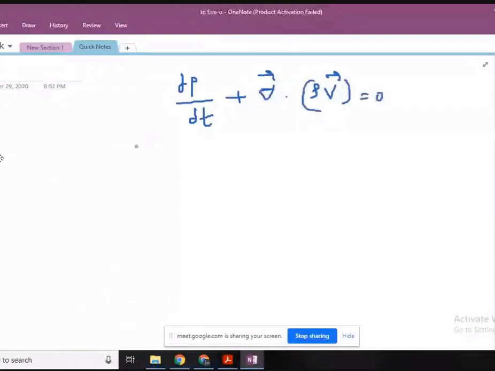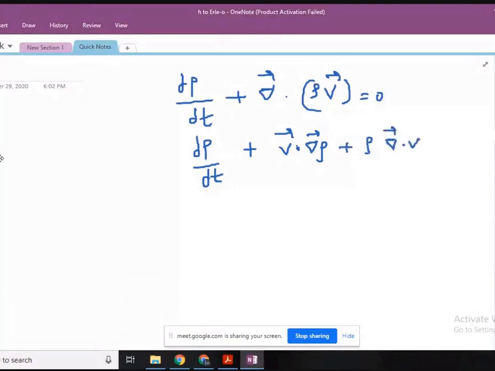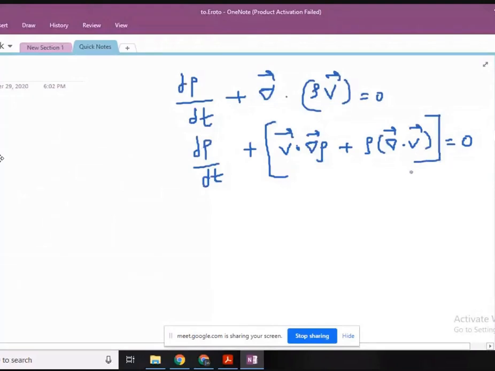And on expanding the second part, this is the expanded form.